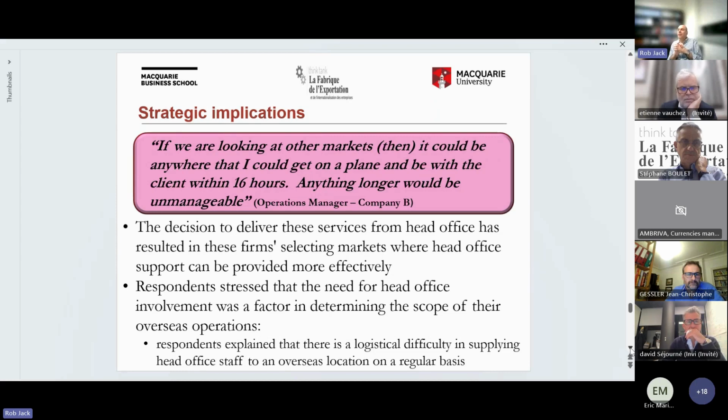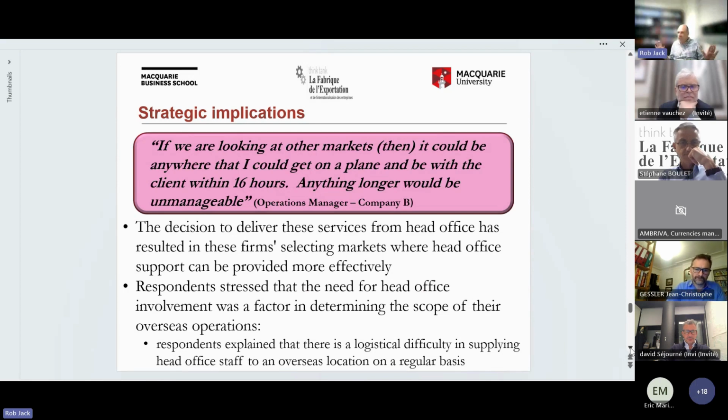Anything longer would be unmanageable." This is why these firms have essentially internationalized into markets that, from an Australian perspective, are relatively close to Australia, which means that their interaction with the client can be within a reasonable time frame.